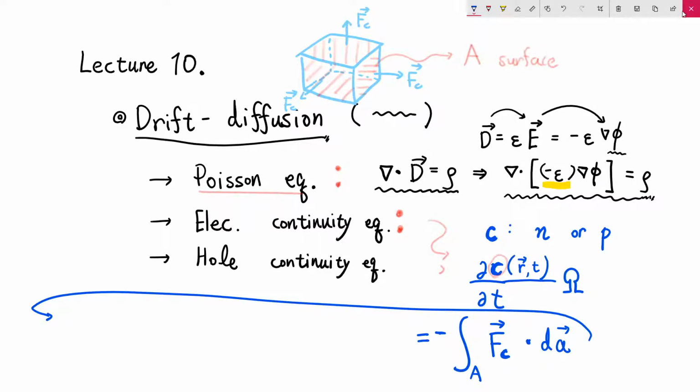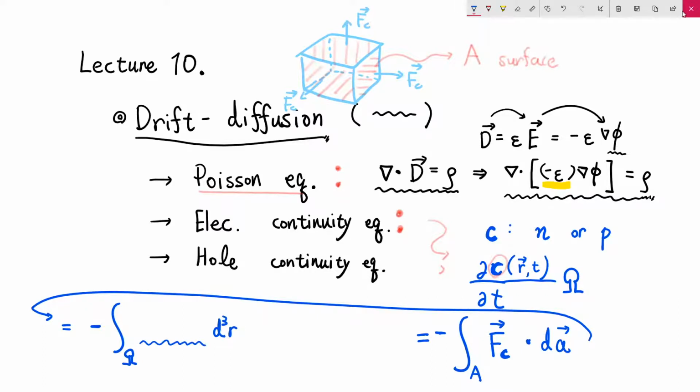So how can we transform from this surface integral to the volume integral? You can easily understand. Instead of this surface integral, we can define the volume integral, and now we consider this infinitesimal volume integral.